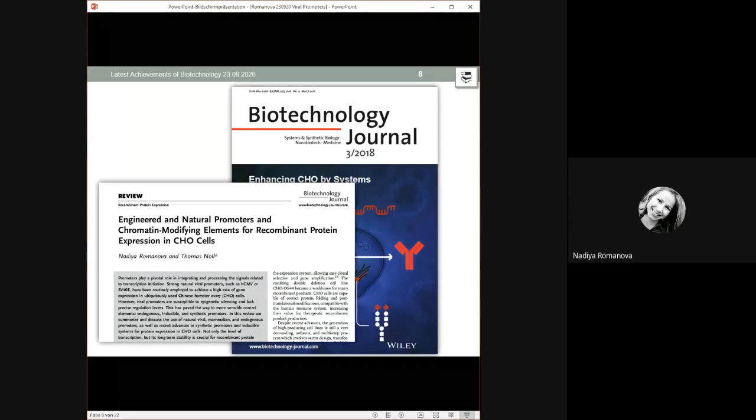From 1952, when the cell line was established, there are, of course, many different clones of it. But since then, according to the data in 2018, 85% of monoclonal antibodies are produced in the processes involving the Chinese hamster ovary cells.